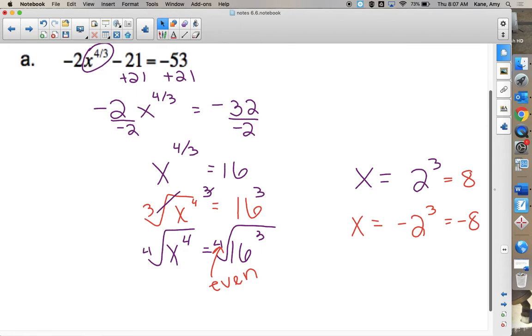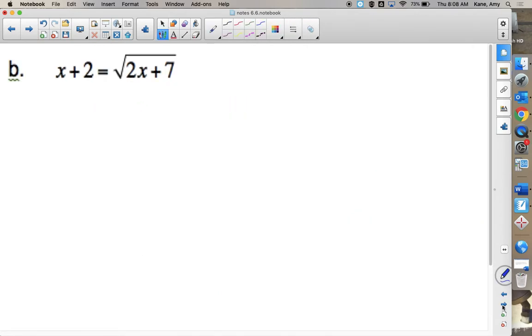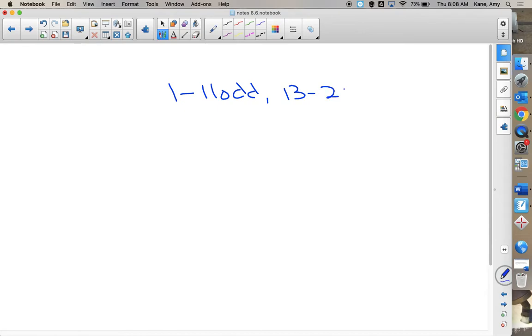On the back, also just 11 and 13, actually just 11 on the back. And then you can start at 13 and do the rest then. So 1 through 11 odd. I'll write it up here. And then 13 to 20. And I want you to look at number 18.